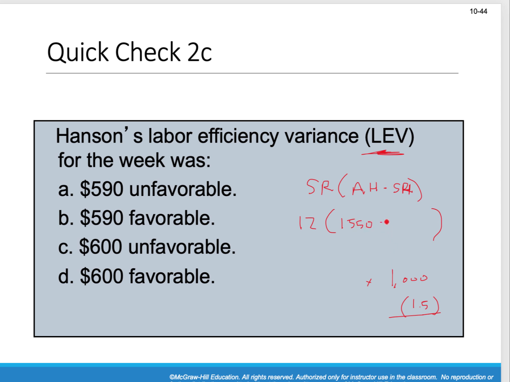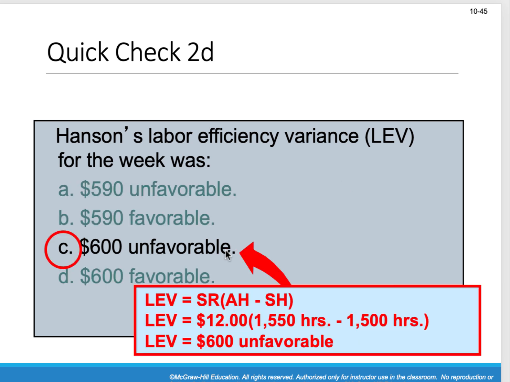Standard hours should have been, based on 1,000 Zippies times 1.5 hours to make one, 1,500. So we have a difference of 50 times 12, which gives us 600. So are we favorable or unfavorable? Is it C or D? Well, we know that the actual hours are higher than what the standard hours should have been. We are unfavorable, so the answer is actually C. And there's the calculation. Okay?